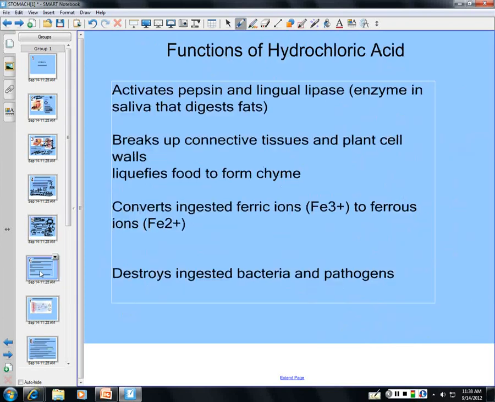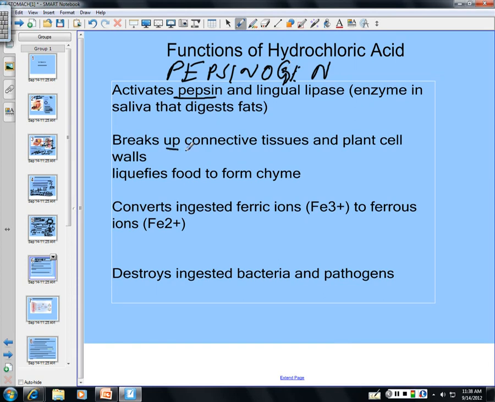All right, let's look at the functions of hydrochloric acid. The hydrochloric acid primarily activates pepsin. Like we talked about, pepsin is produced in an inactive form, pepsinogen. And lingual lipase too. Another function is it breaks up connective tissues and plant cell walls so that it liquefies food.